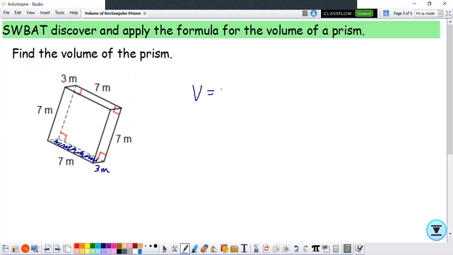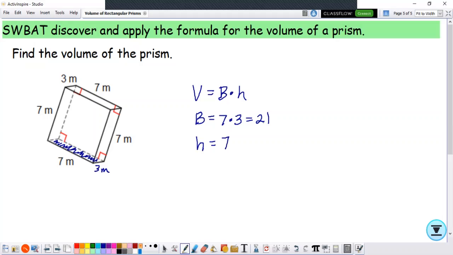The volume is the area of the base times the height. So to find the area of my base, I'm going to do 7 times 3 is 21. And the height, the distance between those two rectangles that are 3 by 7 meters, is 7.